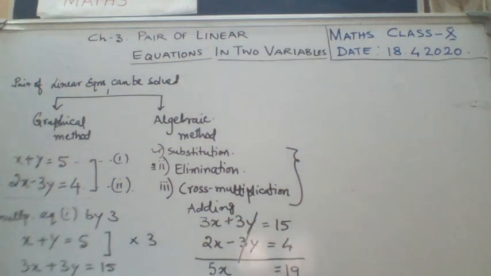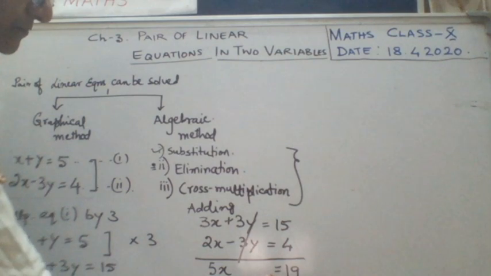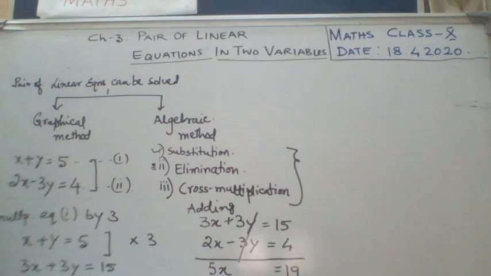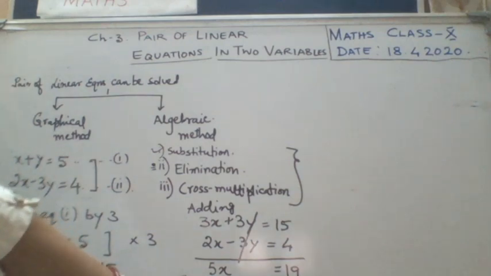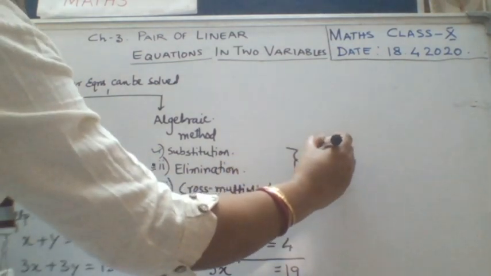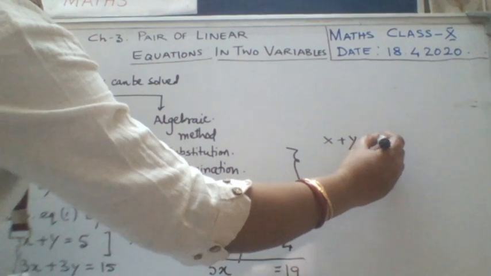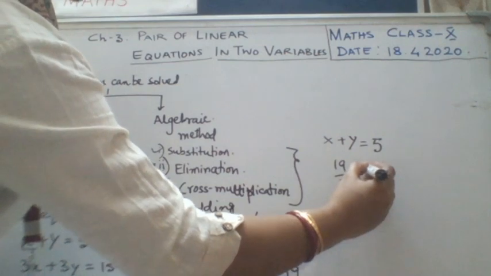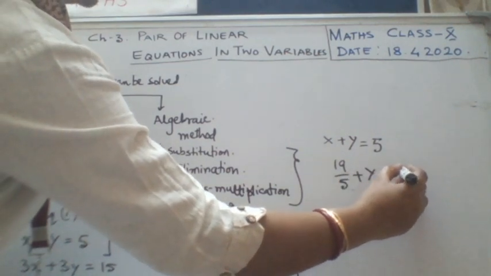5x equal to 19. Therefore, the value of x is 19 upon 5. Now you have obtained the value of one variable. In order to get the value of the other variable, you take x plus y equal to 5. Now x is 19 upon 5, plus y equal to 5.